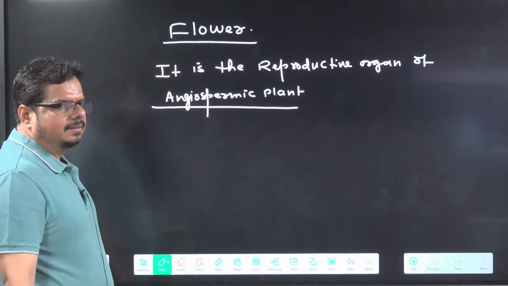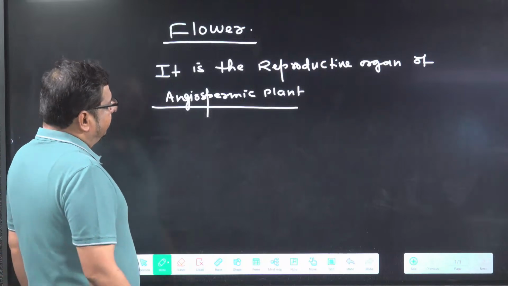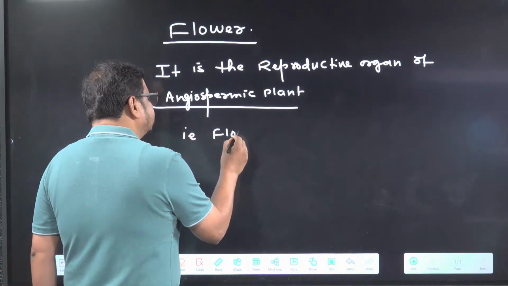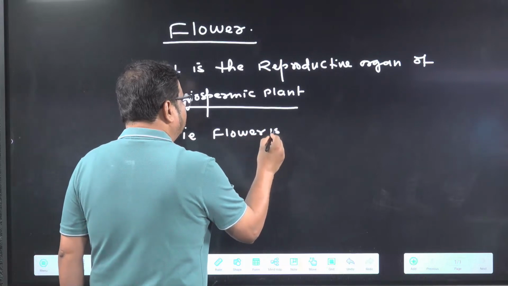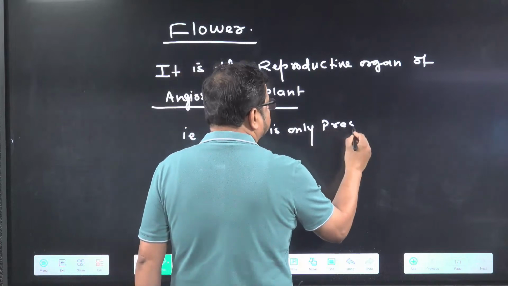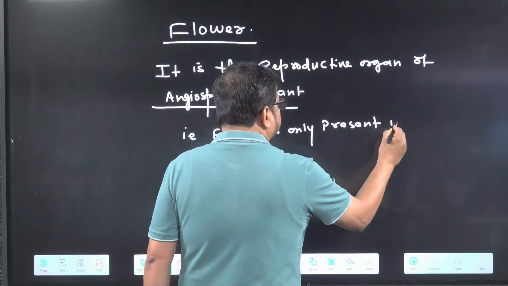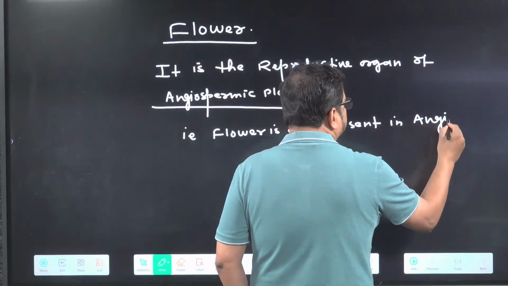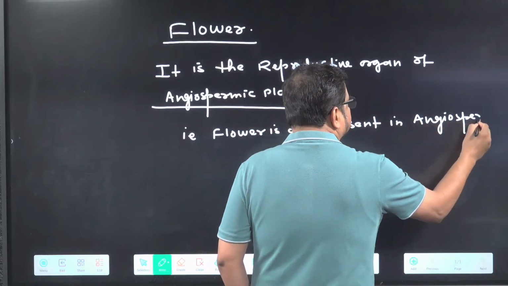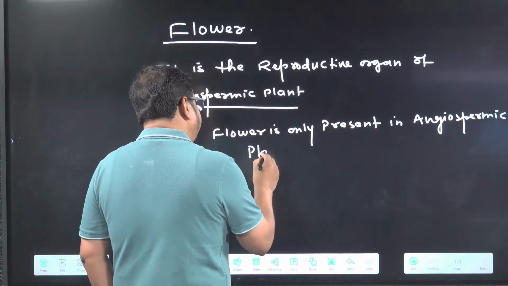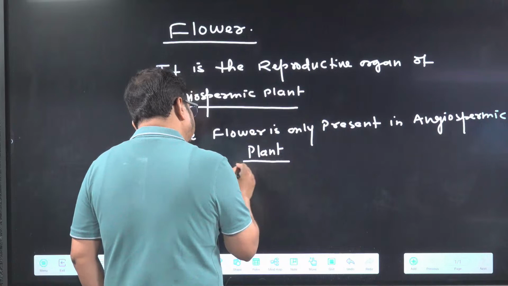Right? So you can say that flower is only present in angiospermic plant.